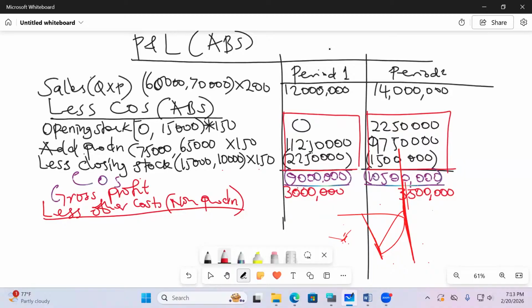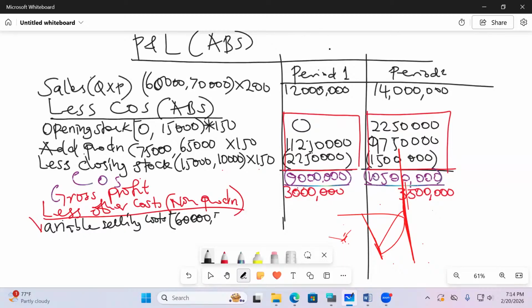So were you able to identify those non-production costs? Which ones are those? We have variable selling costs. So remember, which quantities are we going to use here? The sold units, isn't it? Do we know the number of units we sold in period one? 60,000.